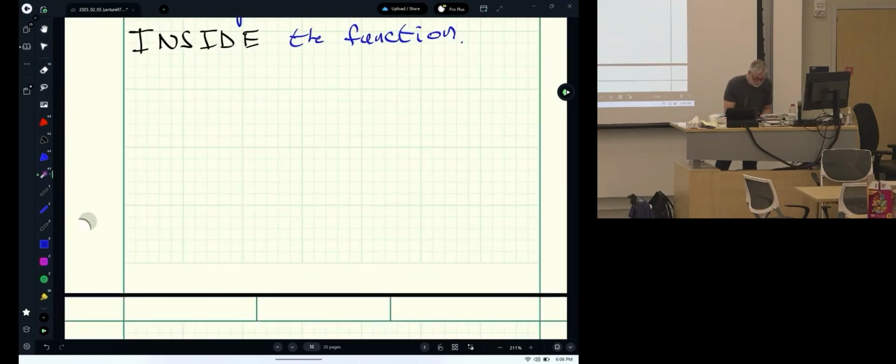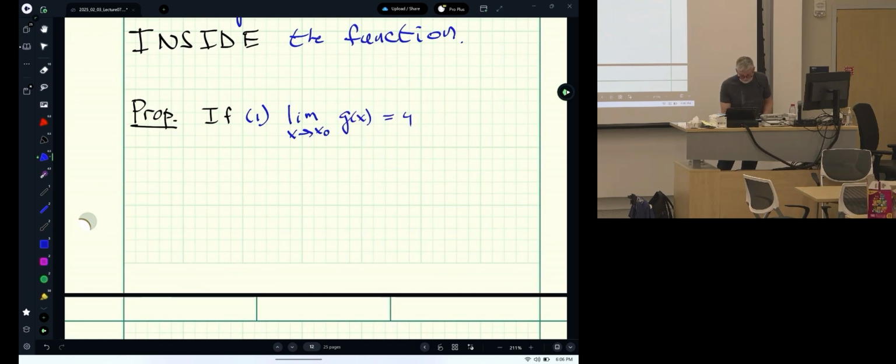Okay, so proposition. If one, the limit as x goes to x0 of, not f of x, g of x, it's going to be the inside one, equals y0.